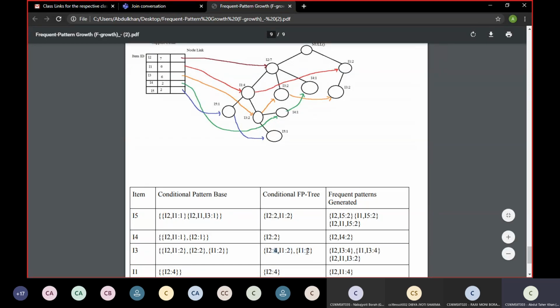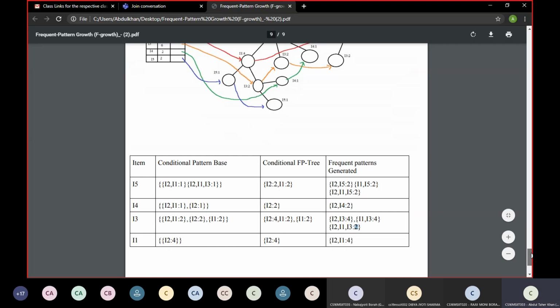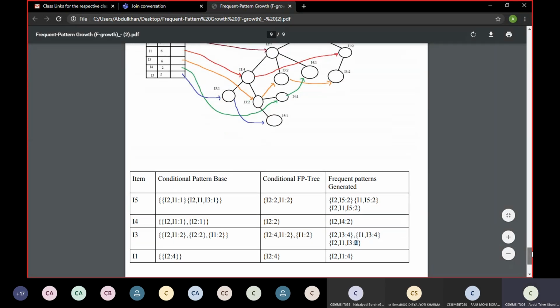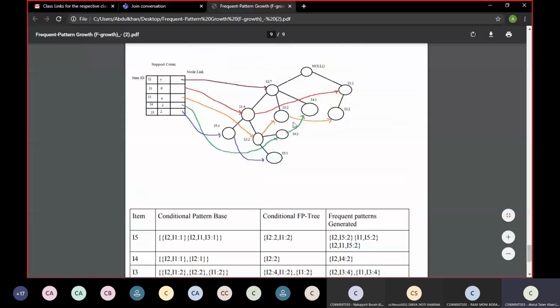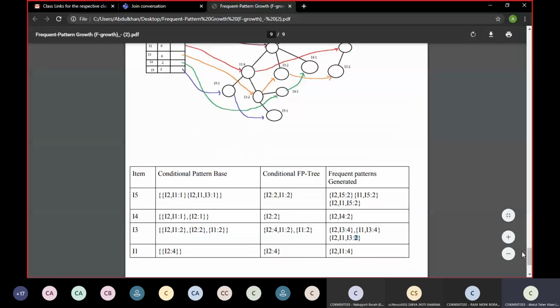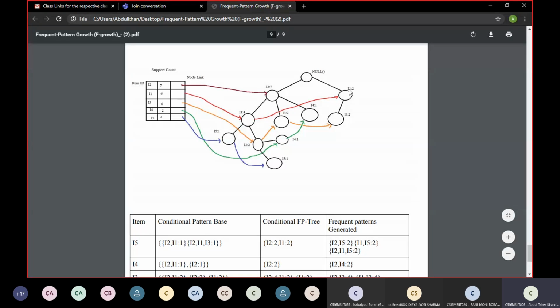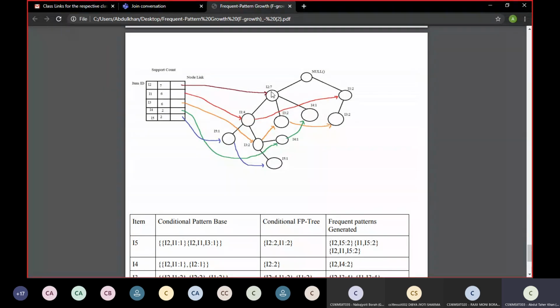And the last one is we have to go to I1, where is I1? Here I1, right? And here also I1 is there, but we do not take this because we take only the intermediate node. In the right hand side we do not have any intermediate node, means there is no node in between them, so we do not take I2, but we'll go to I4. I1 in the left hand side, means first we go to I2, then I4.